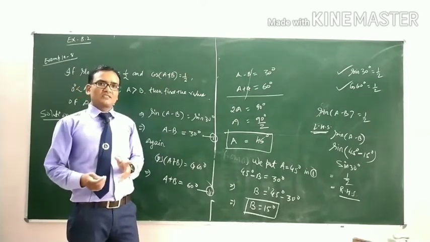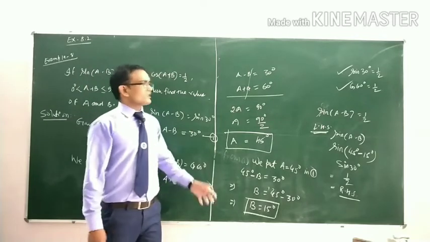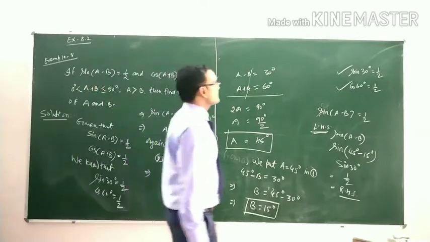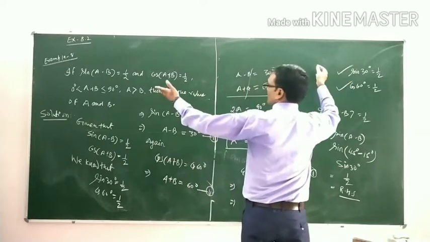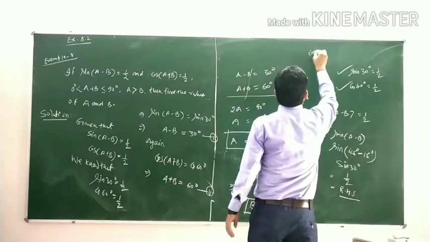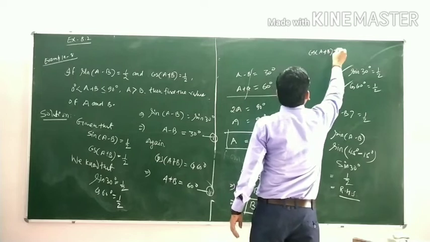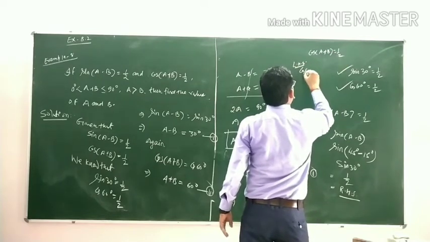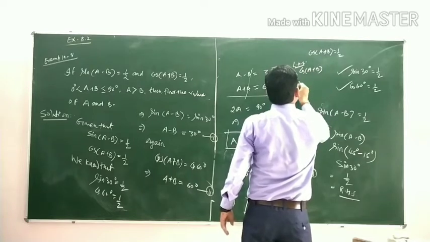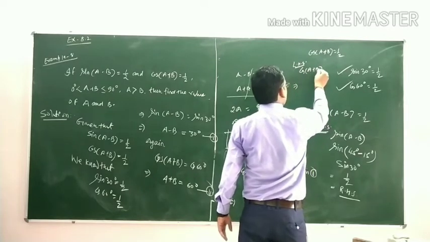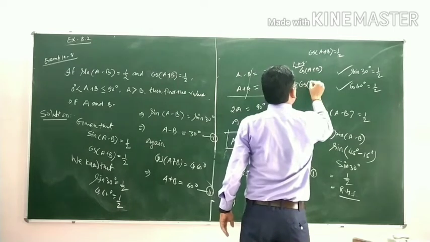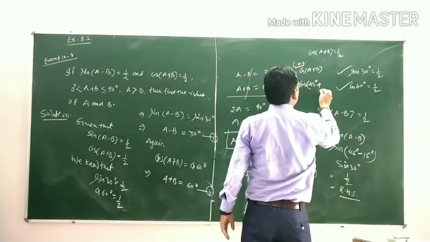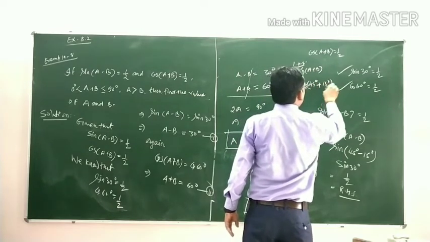Again we check in a similar way in equation number 2. Here equation number 2, that means cos A plus B equals 1 by 2. We take the left hand side, cos A plus B. We substitute the value of A and B. Here the value of A equals 45 degree and the value of B equals 15 degree.